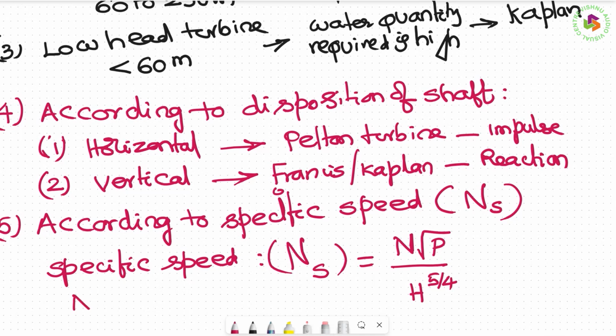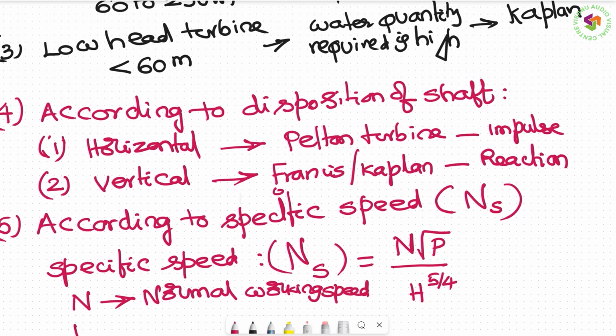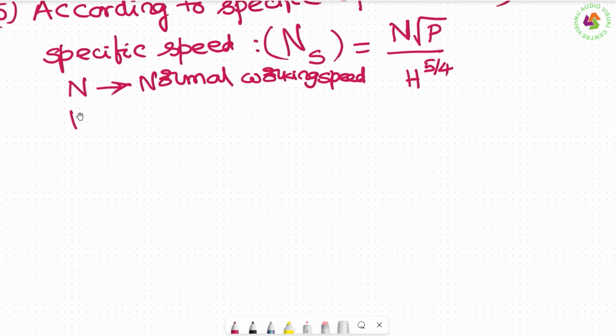N is the normal working speed of a turbine. P is the power output of the turbine.